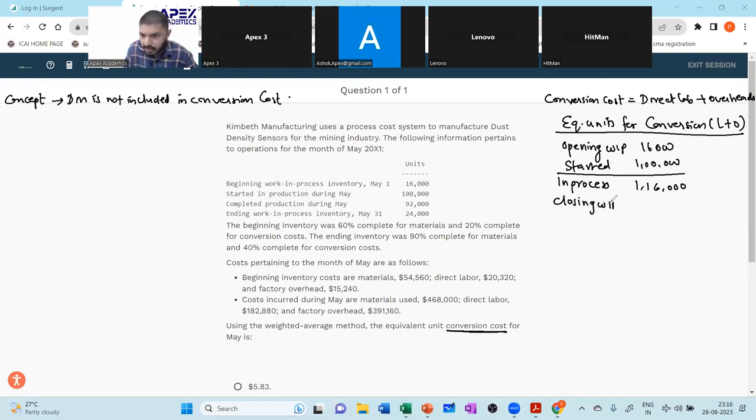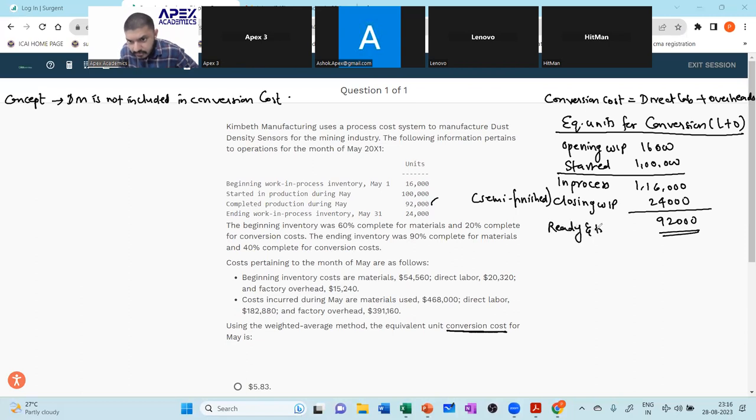The closing WIP means it is semi-ready, basically not ready, is 24,000 units. So how many units are ready and transferred? 92,000. These are the units ready and transferred. But I want you to pay keen attention that these are for conversion.